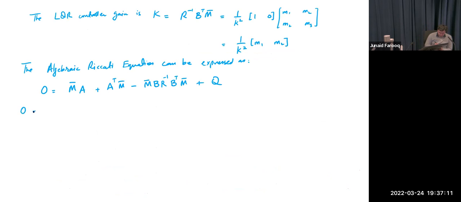So the zero matrix will equate to M bar times the following: matrix A is [-1, 1; 1, -3], plus [-1, 1; 1, -3], which is A transpose, and then M will be the same.